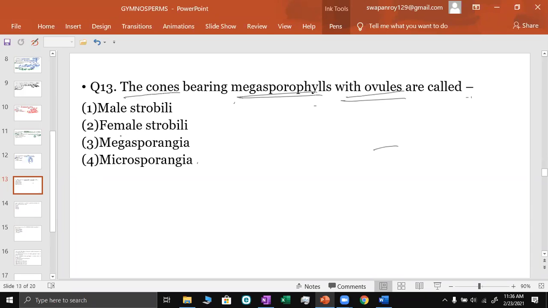This is a cone. Cone is strobilus, and strobili is the plural of strobilus. So it is a female cone. Ovule is there, and mega is female. So this one is the female strobili.